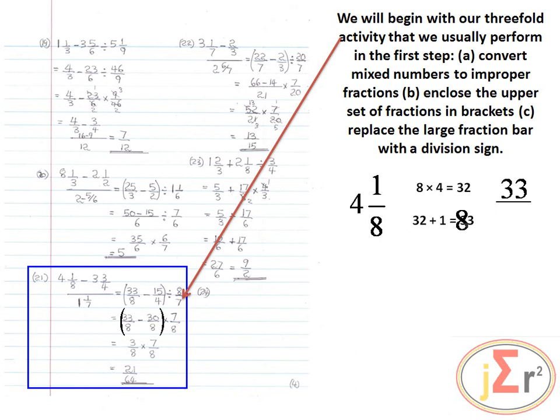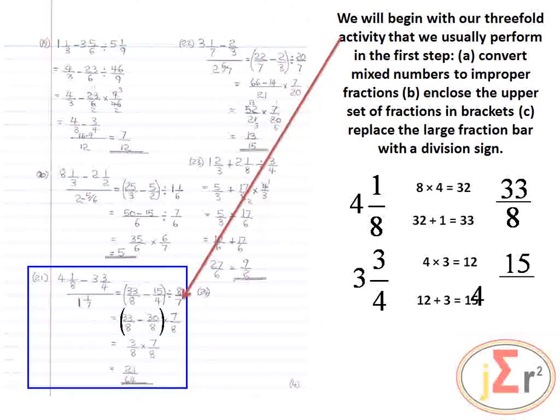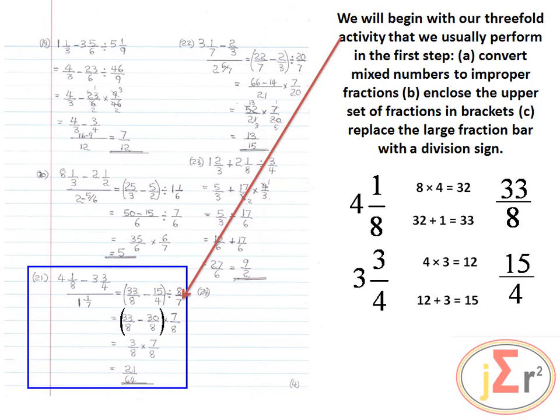And that we put over 8. Then we have 3 times 4 is 12. To 12 we add 3 and we get 15. 15 over 4. And then if there's another one, 7 times 1 is 7. And 7 plus 1 is equal to 8. So 8 over 7.